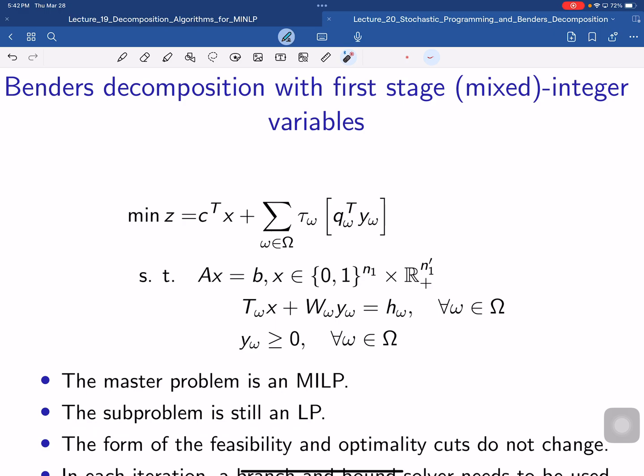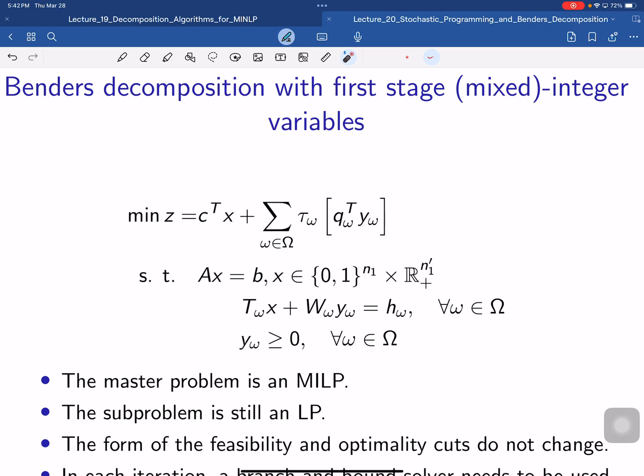Actually, if you remember what we did in the previous lecture in generalized Bender's decomposition, the master problem has binary variables, and you can think about the second stage problem as a convex nonlinear programming problem. But in that case, we were using the Lagrangian duality instead of linear programming duality.